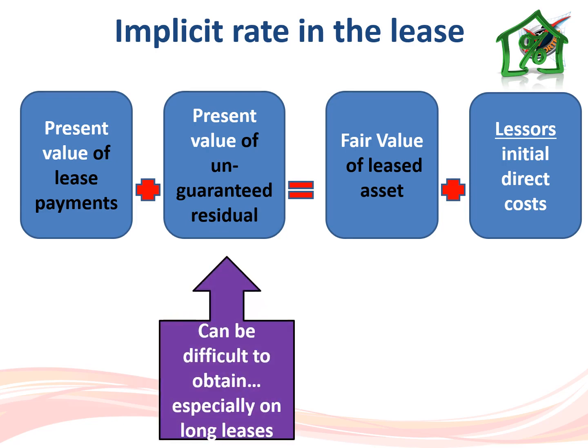From the perspective of the unguaranteed residual, that would be an estimate, if not explicitly mentioned. Often it may state a percentage of market value or something, but on very long-term leases, this could be quite difficult to obtain, and the auditor would then need to evaluate some sort of a point estimate or range, and compare that to the method in which management arrived at their present value of the unguaranteed residual.